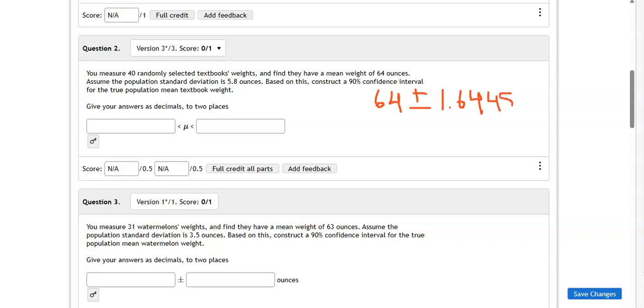And when doing confidence intervals, you want to use as many decimals as you can for accuracy's sake. All right, now our standard deviation is 5.8. And then over the square root of our sample size, which is 40.